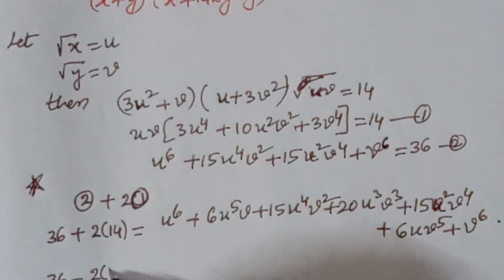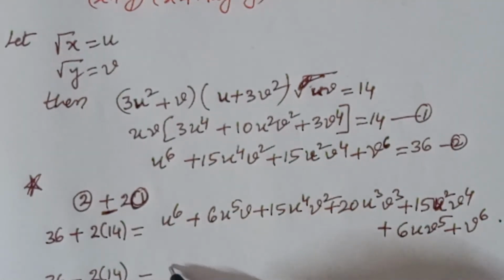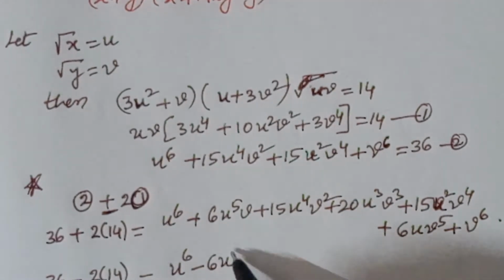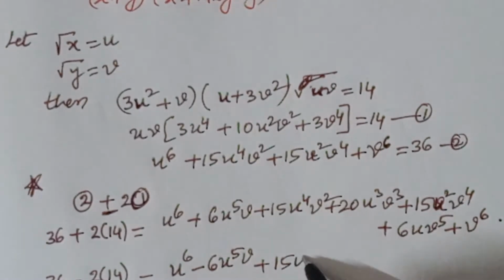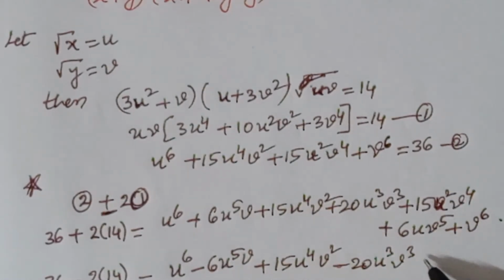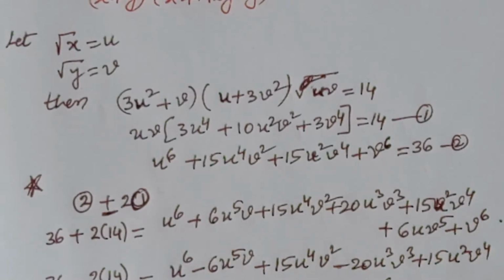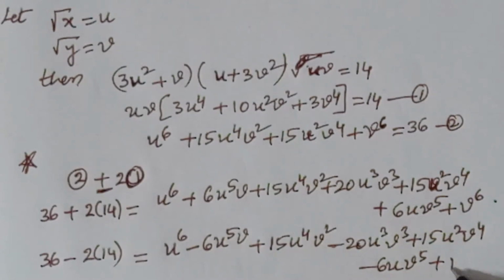In the same way, second equation minus 2 times the first equation. So here we will get u⁶ − 6u⁵v + 15u⁴v² − 20u³v³ + 15u²v⁴ − 6uv⁵ + v⁶.